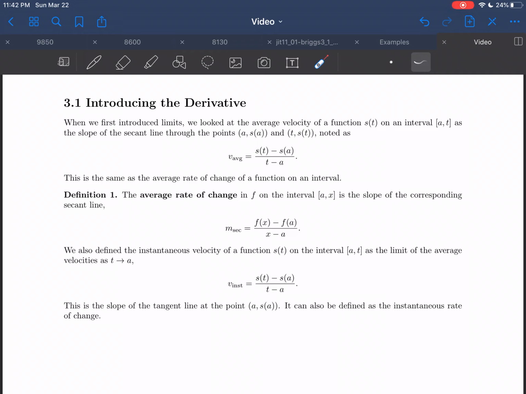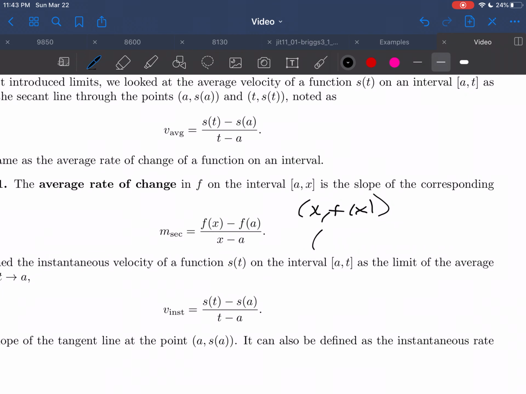Okay, so our average rate of change we can formally define. Our average rate of change of f on some interval from a to x is the slope of the corresponding secant line, m sec, where we're finding the slope between x, f of x, and a, f of a.